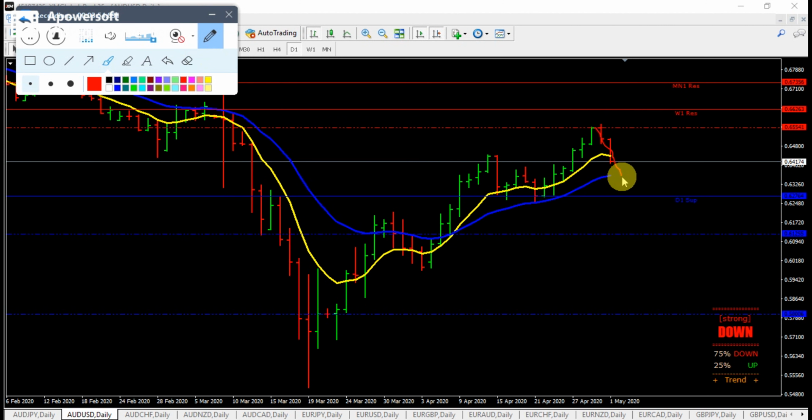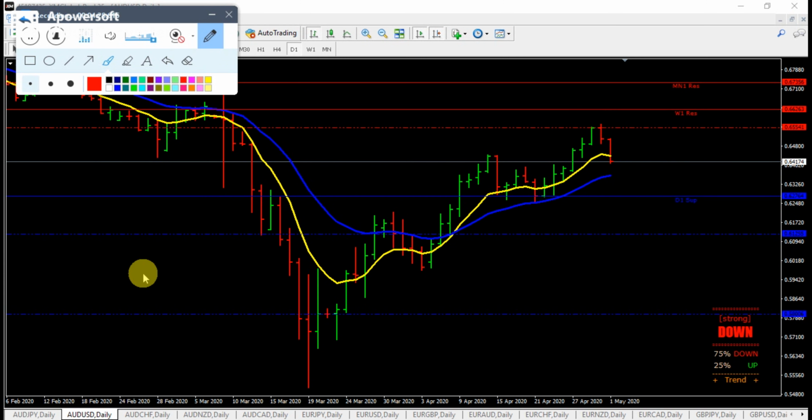If it comes down to this level, we will have a look at whether we have to buy here or not. This is my daily support. If the pair breaks this support, I'm expecting it to come to this level and then I'm gonna buy, or maybe it will come here and we're gonna buy and it will go up from there. So again, this is not a signal, that's my point of view of what I'm looking for on this pair in the chart.